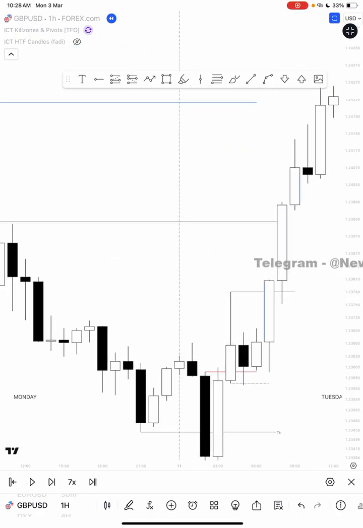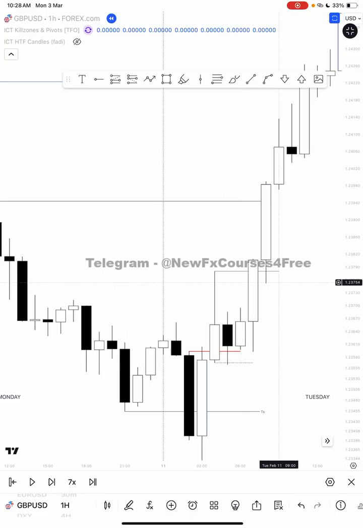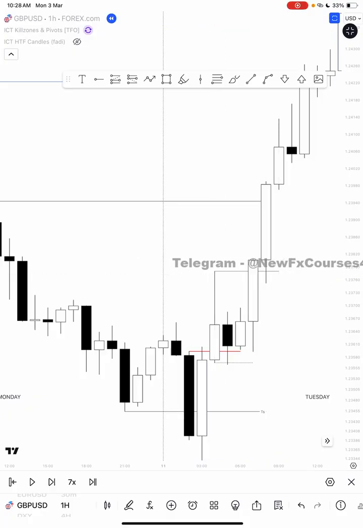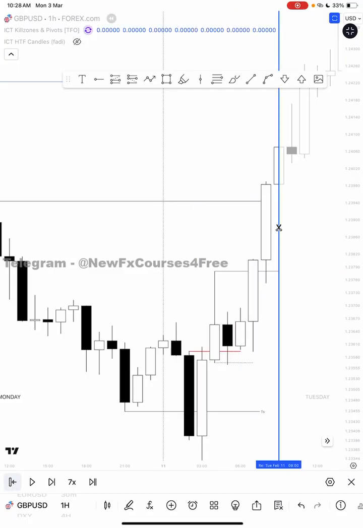So over here, the market retraced into this order block and swept this CRT low, where will be your next draw on liquidity? Range high. You can target this, and here there was a retracement into this CRT high before going higher.